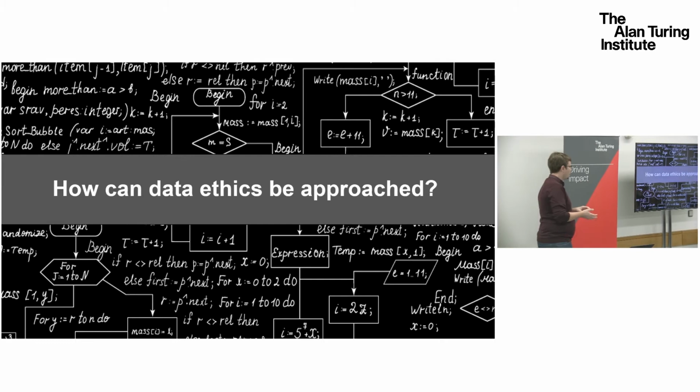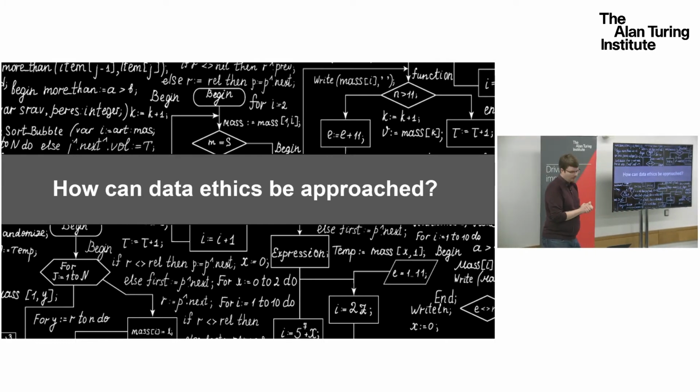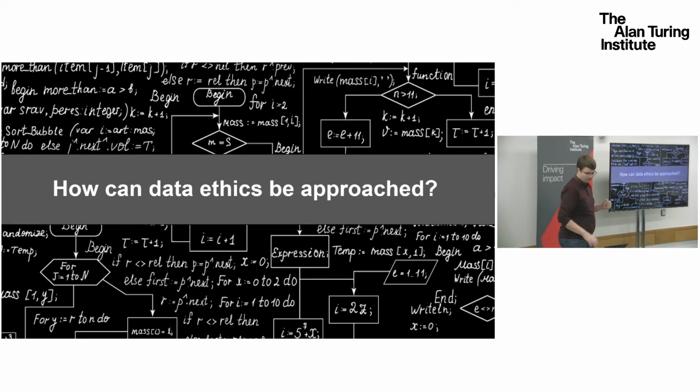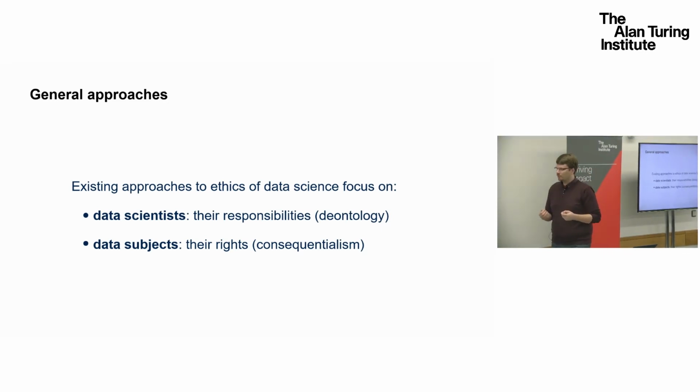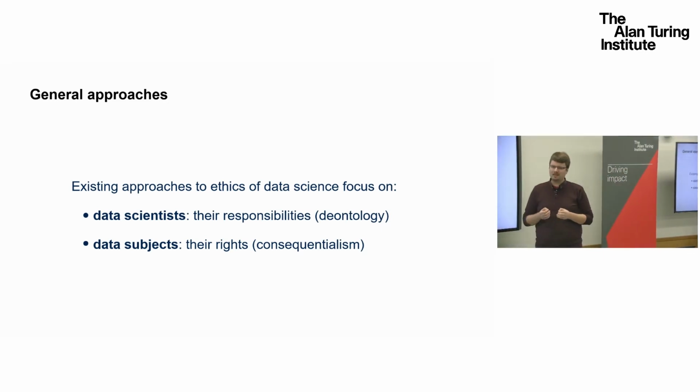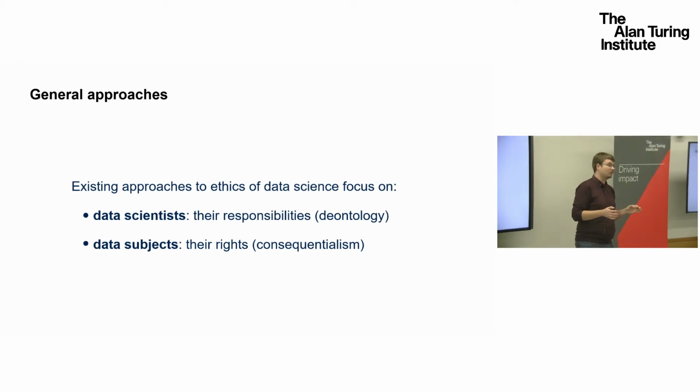So before we go into the cases, I'm just going to quickly cover the different ways that data ethics can be approached. And again, this is the one bit of the talk that has something to do with theory. These general approaches won't be surprising to anybody that's taken an introductory ethics course in any context.